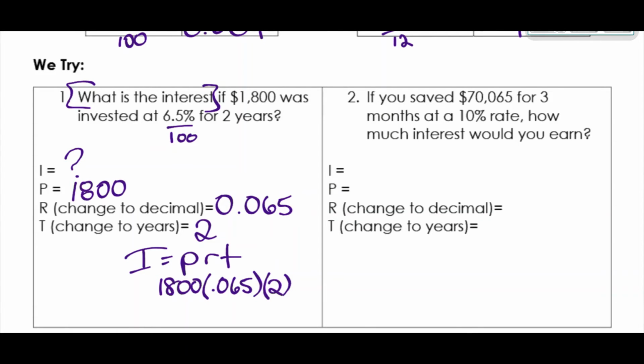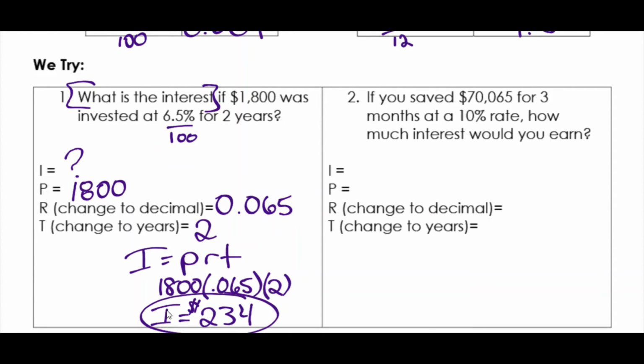When you multiply those together, you get 234. And that's really it. That is the interest that we're earning there. And that's a dollar amount. It's $234 that was earned on what was originally $1,800.